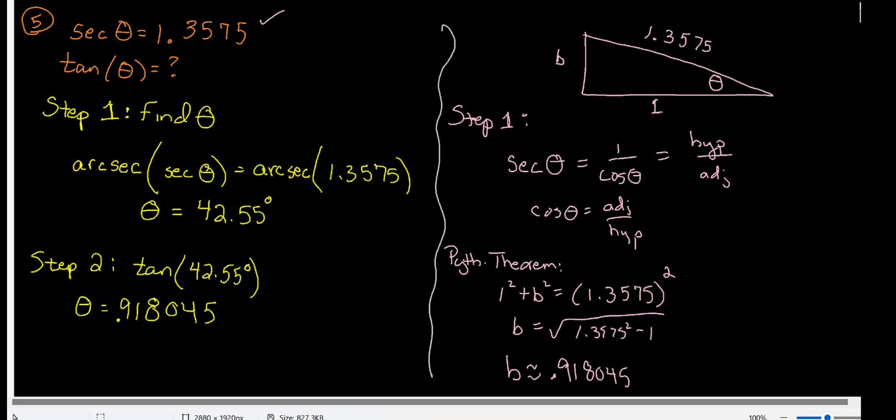And lastly, I'll just make a little space here for step 2. So there was step 1, which was pretty lengthy. In step 2, I'll just write down here, we just need to do the tangent of theta, which is pretty much done at this point. Tangent of theta is opposite over adjacent.